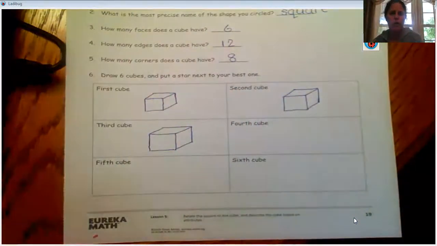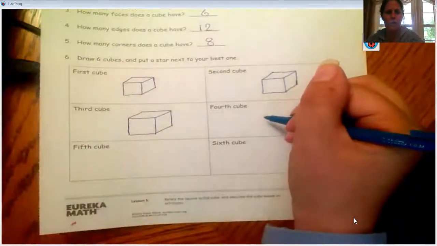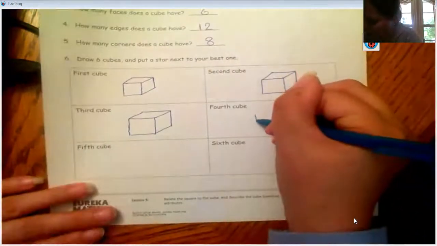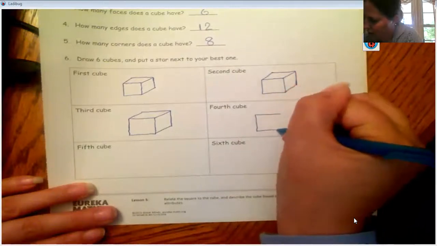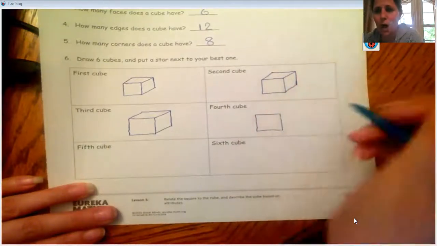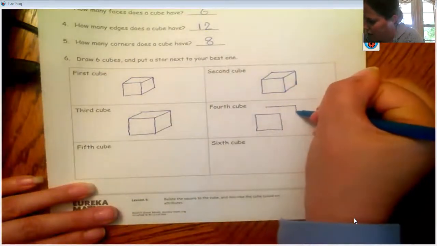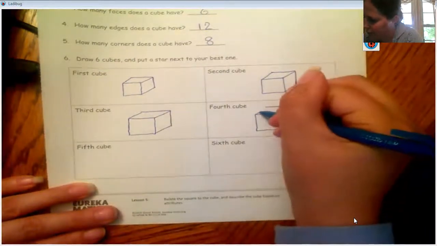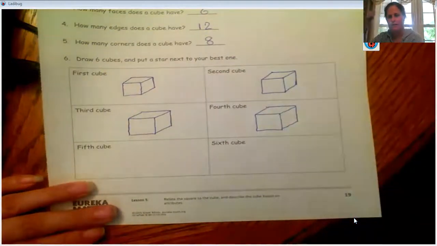And we're making cubes. All right, my fourth one. And you guys are hopefully practicing at home as well. Come straight across, straight down, connect, connect, connect.